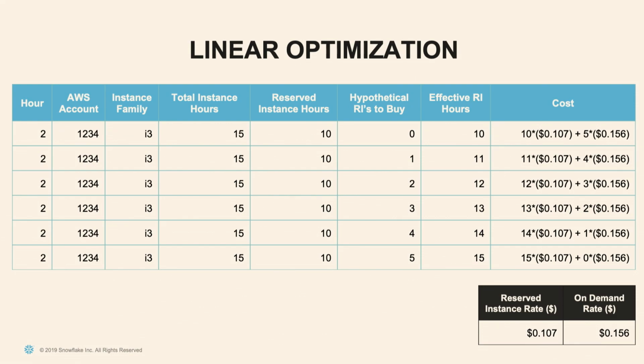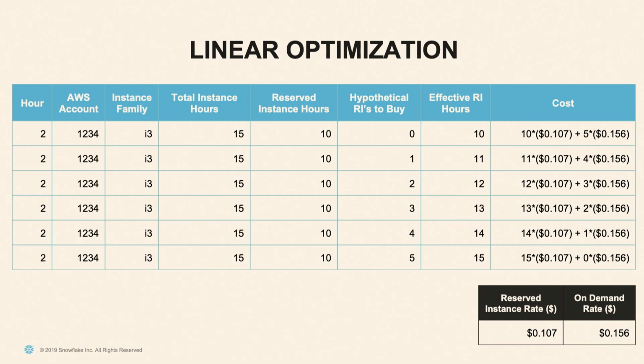At the bottom, we have what we would consider perfect reserved instance coverage, where we have 15 reserved instances times the cheaper reserved instance rate, and no on-demand instances. We then group by the hypothetical number of reserved instances, and we sum the cost across the entire time period that we're running this calculation.